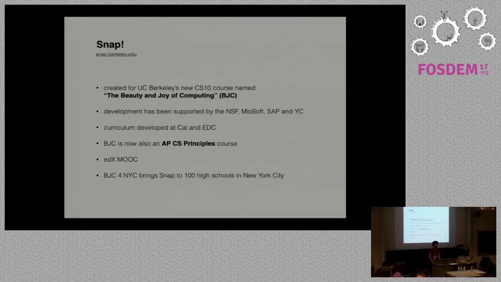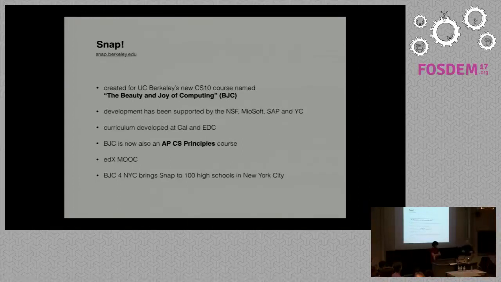So the development of Snap has been for a long time kind of my side project as I was a programmer and lawyer for another company. But then we got kind of lucky. We got some funding from the National Science Foundation. We got my employers to fund it and let me work on it. It's been Neosoft and now SAP and Y Combinator also. There's a curriculum, the Beauty and Joy of Computing curriculum, that's been developed at UC Berkeley and now nationwide at Education Development Center.